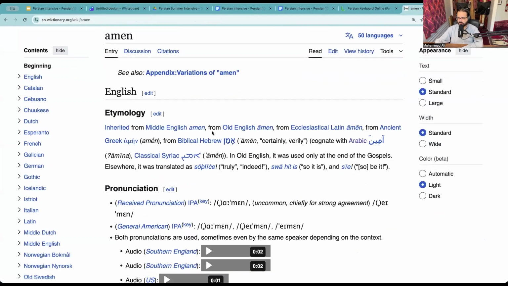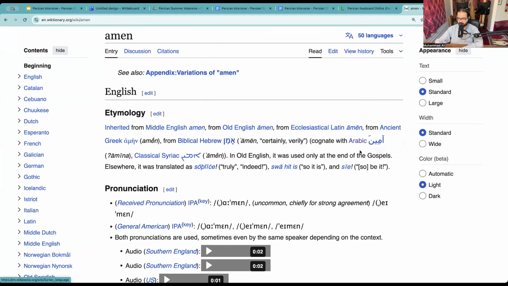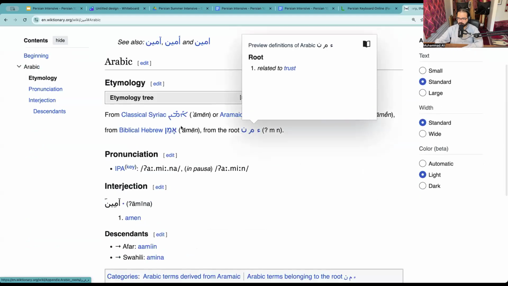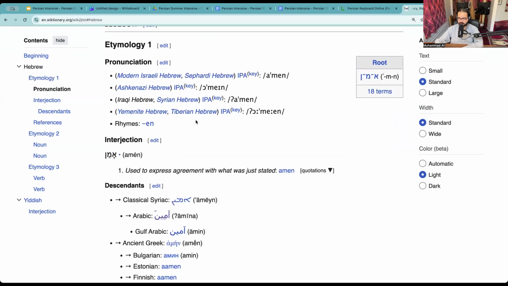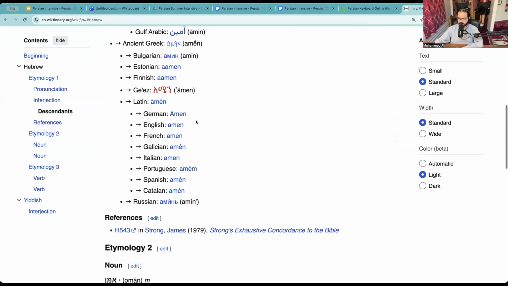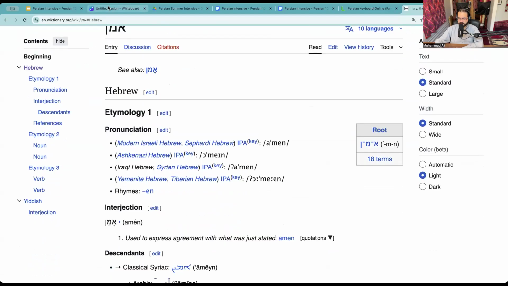Let's see. From Ecclesiastical Latin, from Biblical Hebrew, yeah. Via Greek from Biblical Hebrew. So it all just comes back from Hebrew. And look how many words it goes back to. There's not even an etymology for it. Anyway, not so important.